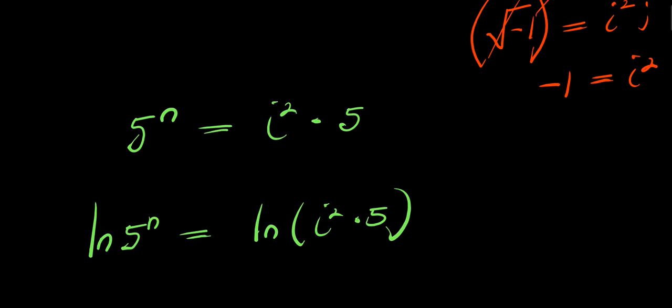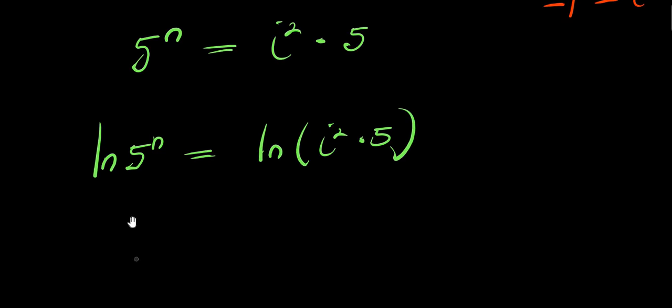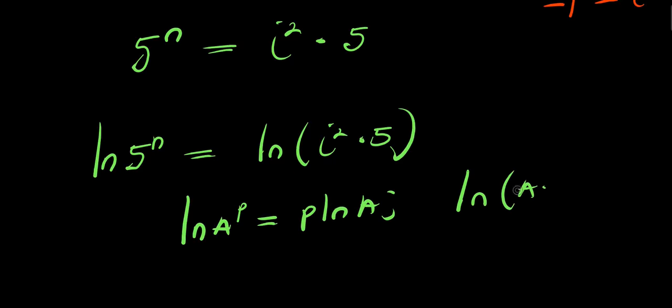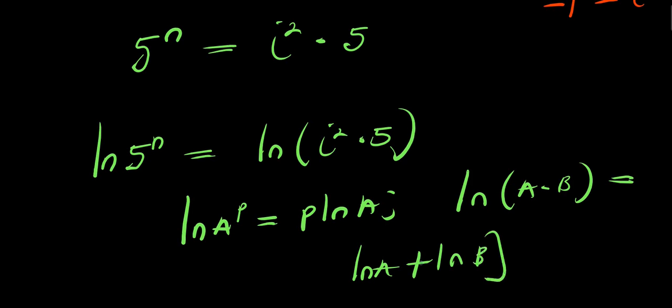So consider this. If you have natural log of a power b, this equals b times natural log of a. If you also have natural log of a times b, this equals natural log of a plus natural log of b.